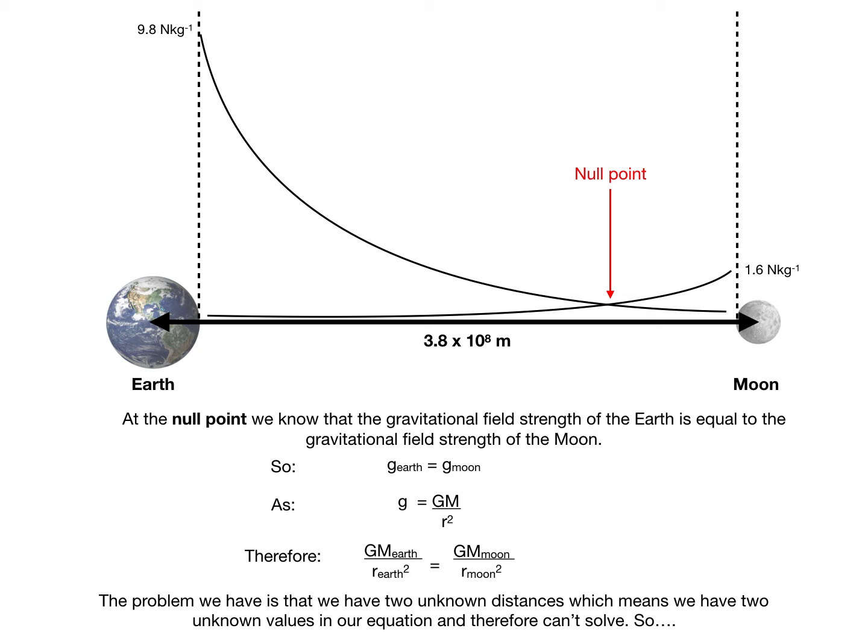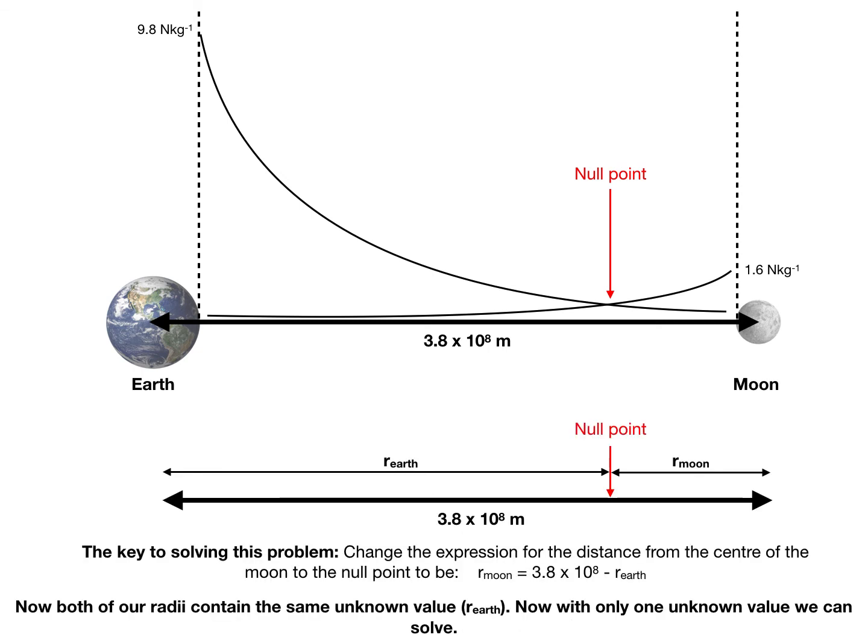This really is fundamentally the problem with this problem: as we lay it out here, we have two unknown distances. So what we will do, and this is the absolute key to being able to solve this problem, is change the expression for the distance from the center of the Moon to the null point.